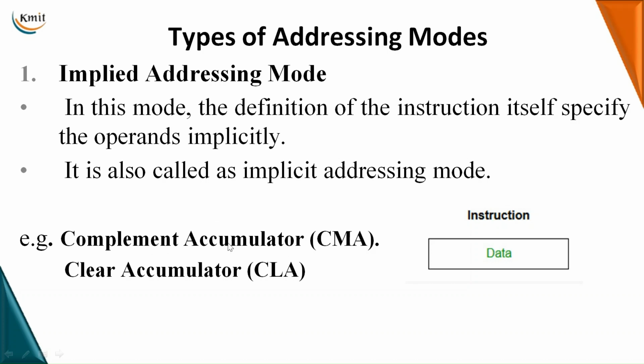So the operand here is the accumulator, on which you have to perform either a complement operation or a clear operation. The definition of the instruction itself contains the operand on which an operation has to be performed. This type of addressing mode is called implied or implicit addressing mode.